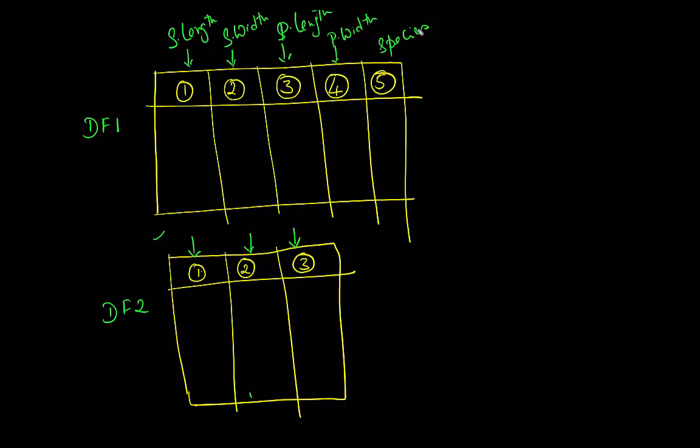And in data frame 2, let's say we only have the sepal length, sepal width, and we don't have the petal data, but we have the species. This is species. This is again pretty common in scenarios where you tend to acquire data from multiple sources.